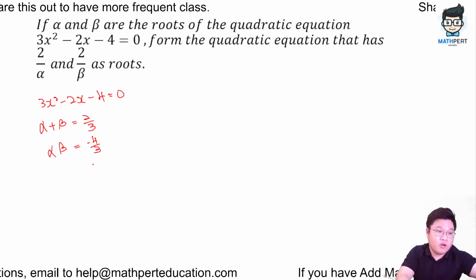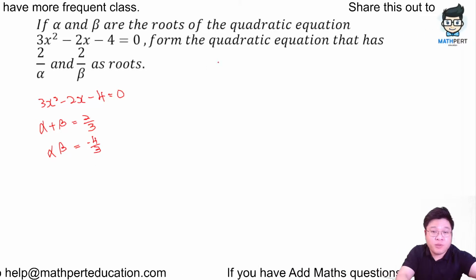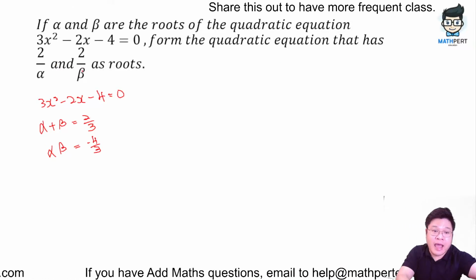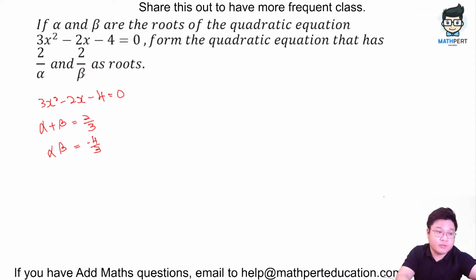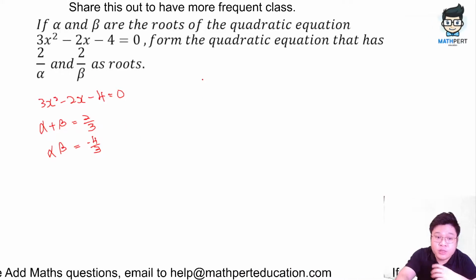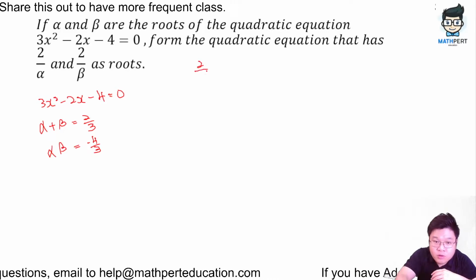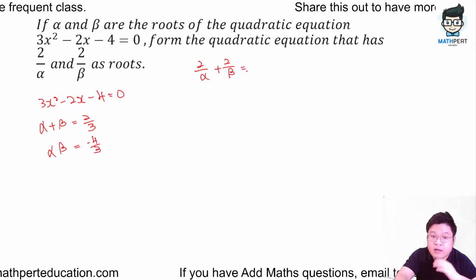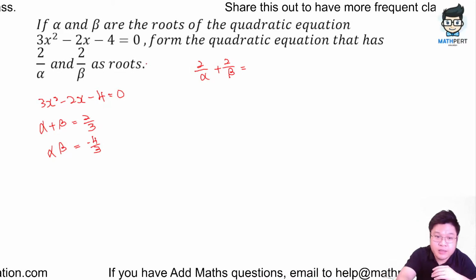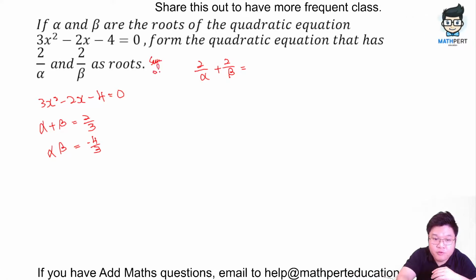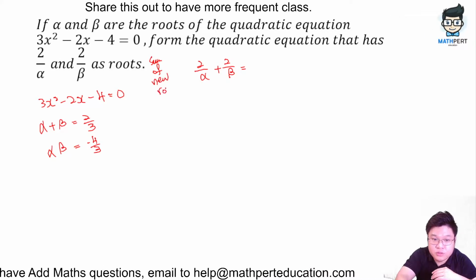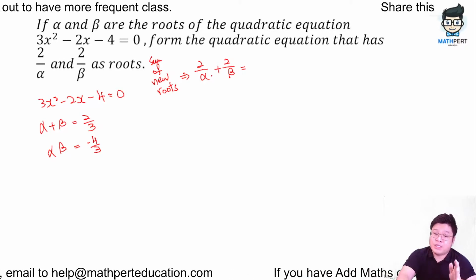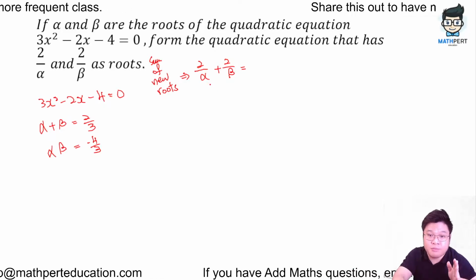So what is the question asking for? The question is asking us to form the quadratic equation that has 2 over alpha and 2 over beta as the roots. So the sum of new roots is 2 over alpha plus 2 over beta. How do we add up the fractions?